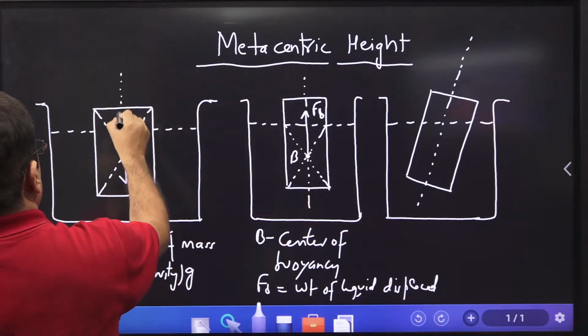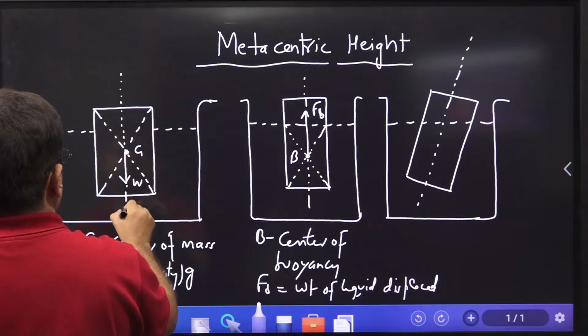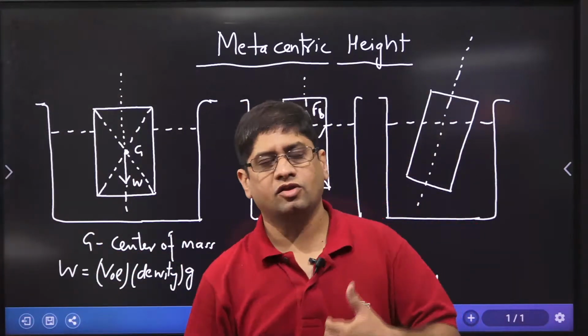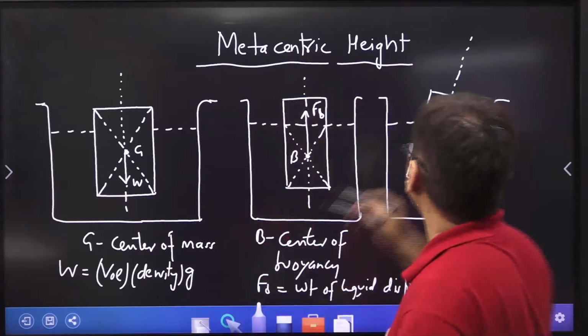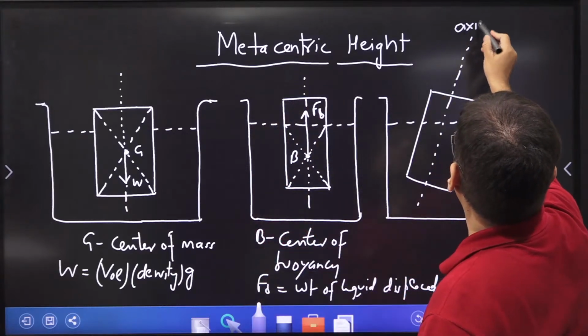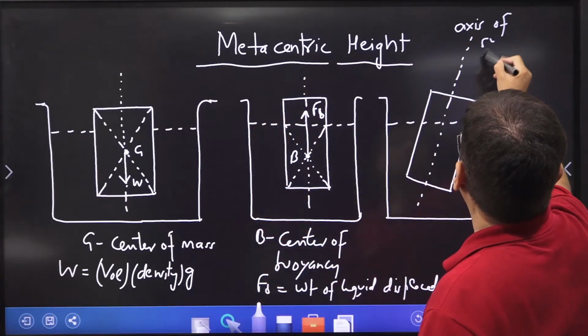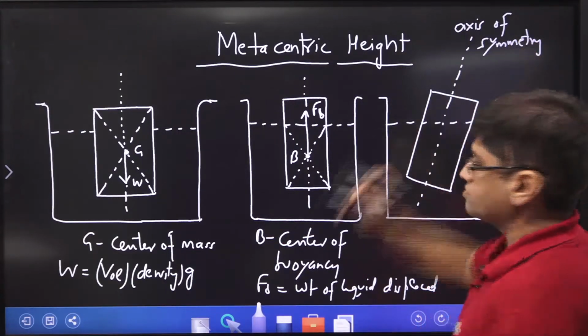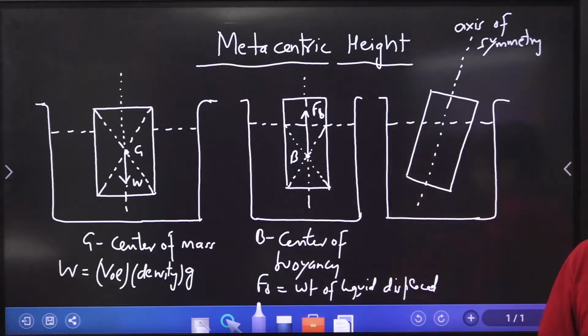You understand? The body must have some axis of symmetry, like a human being has this axis of symmetry. So this is the axis of symmetry of the body.